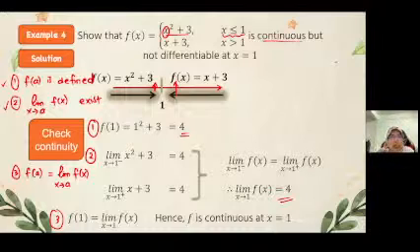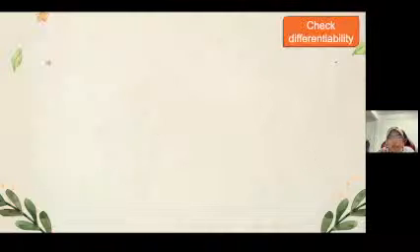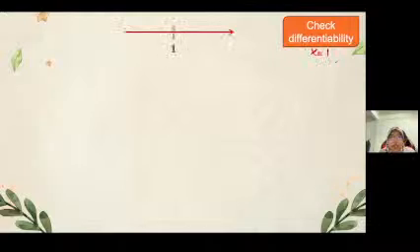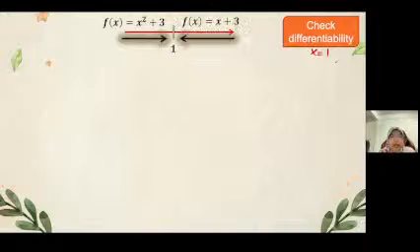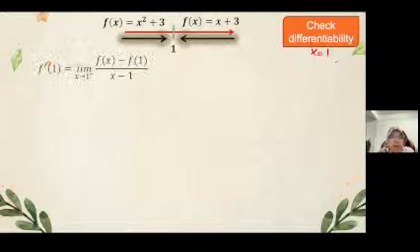Okay, next. Right, so we have to check the differentiability. For differentiability, we are talking about differentiability at a specific point, which in this case is x equal to 1. Again, we are using the same function on the left hand side and right hand side, but this time we are going to test f prime of 1.